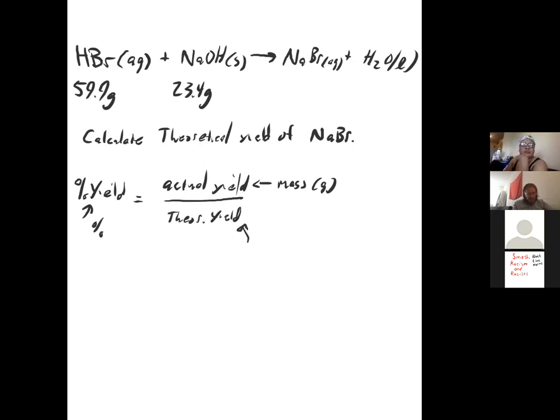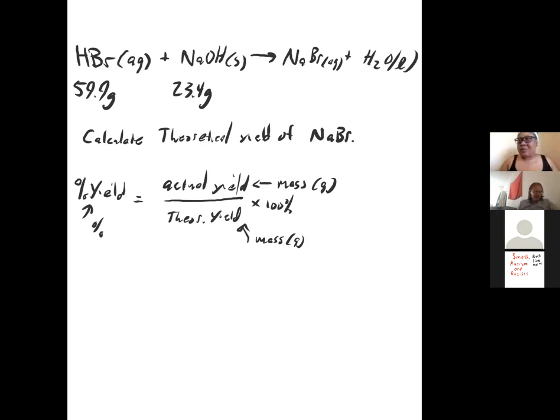This is also a mass in grams times 100%. So just be careful when you do these problems. The actual and theoretical yield are both masses. They're not percentages. The percent yield is a percentage, okay? So it's a mass divided by a mass times 100. That's what converts it to percent, okay?